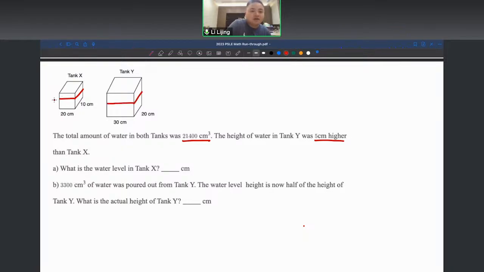But if I say this is H cm, my height in Y will be H plus 5, since the question tells me it is 5 cm higher. So the volume in X will be 20 times 10 times H. Then you add the Y, 30 times 20 times (H plus 5).